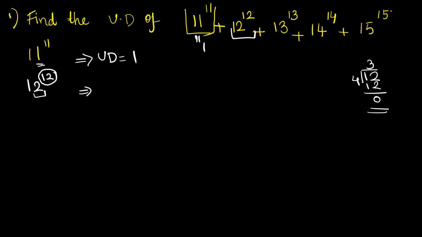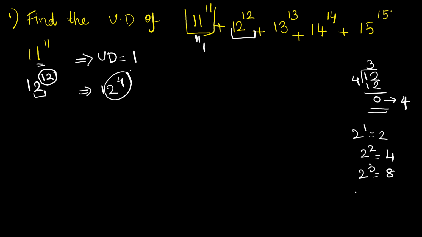So when we get remainder as 0, we will take the power as 4, that is 2 raised to 4. 2 raised to 1 is 2, 2 square 4, 2 cube 8, 2 raised to 4 is 16, and the unit digit is 6. For the second term we get the unit digit as 6.